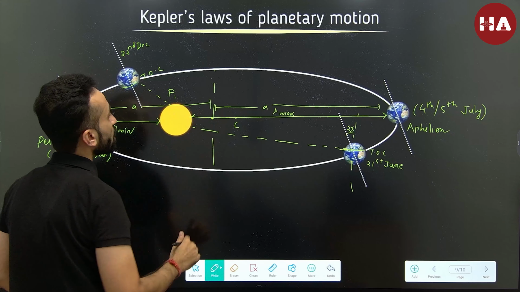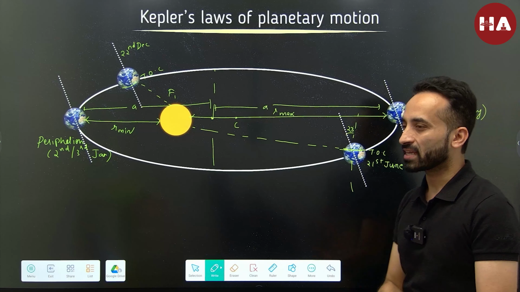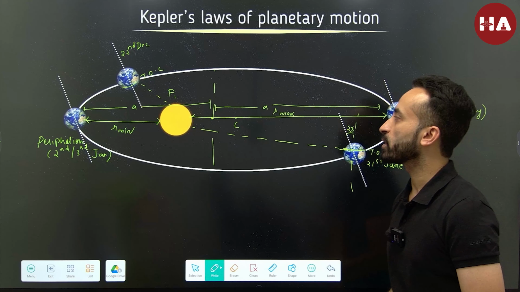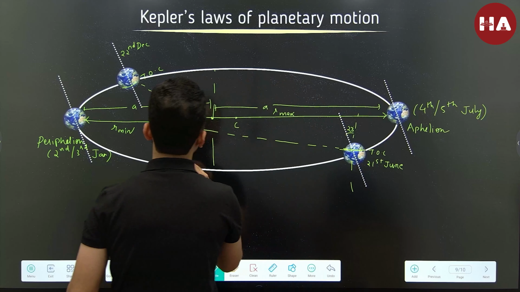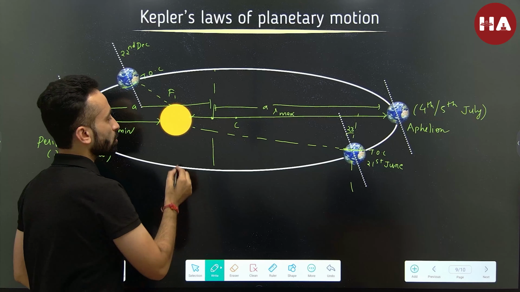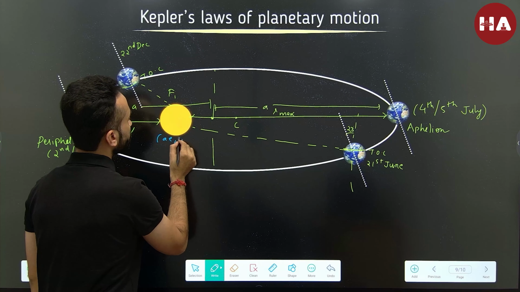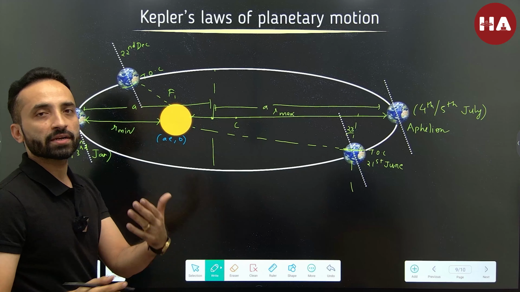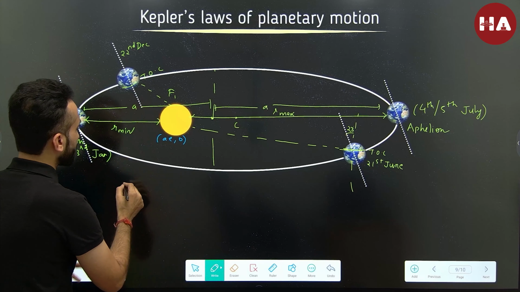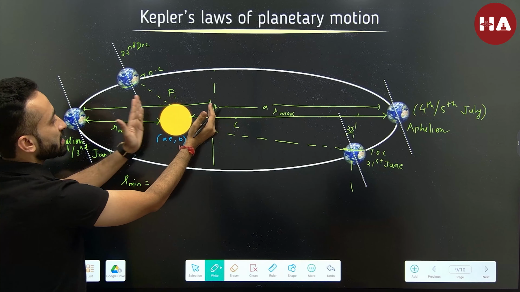Now only for those students who have learnt about conic sections, about ellipse, they might know how to define the coordinates of this. So this is called the focus, and the coordinates of this, let's say, is AE comma 0, right? So on the left, then you can call it minus AE. So the closest that we can get, this whole is A, but this is AE.